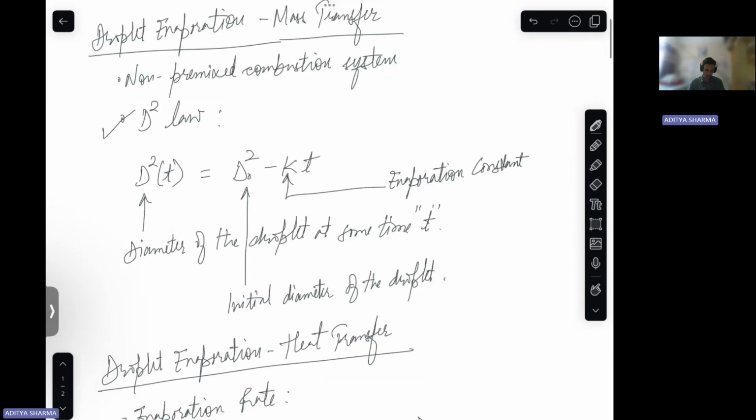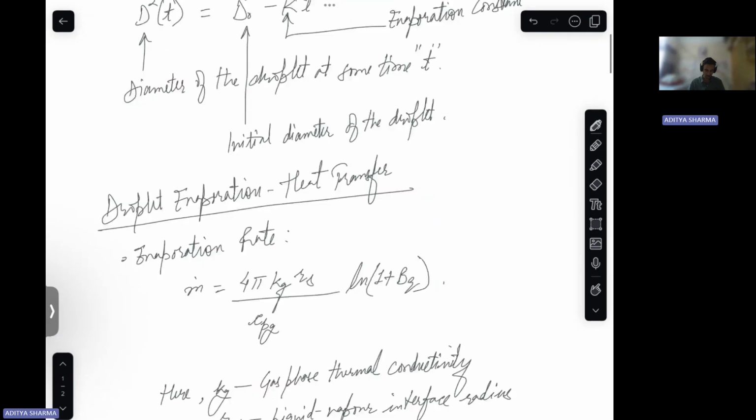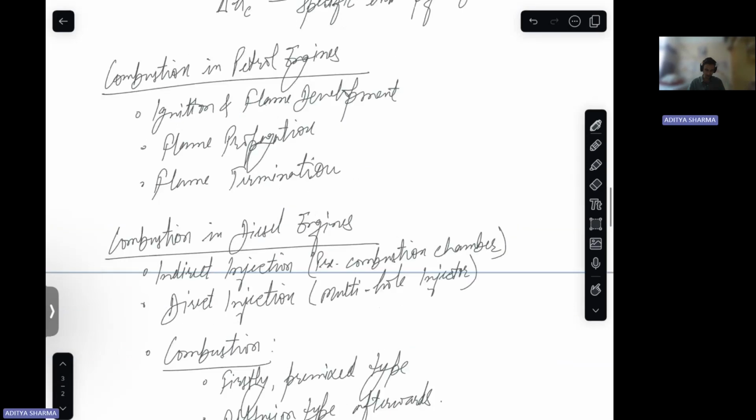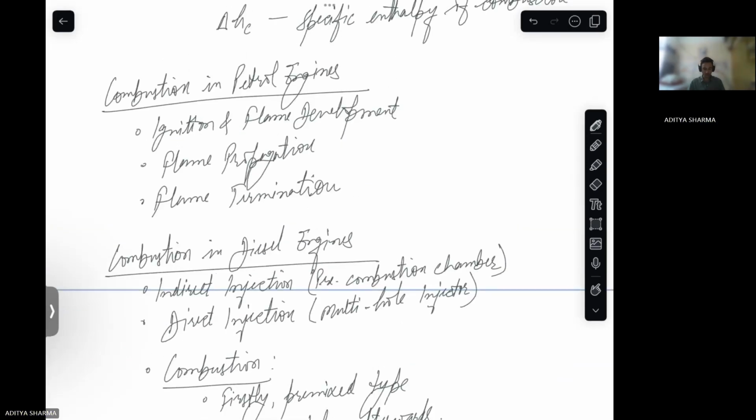If you see the topics discussed, this is combustion in petrol engines. There are zones.